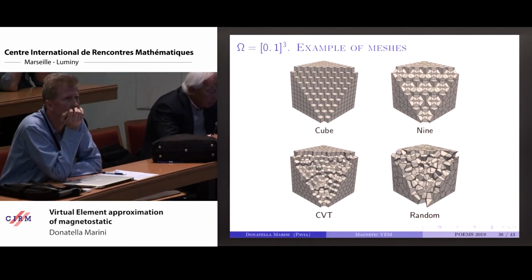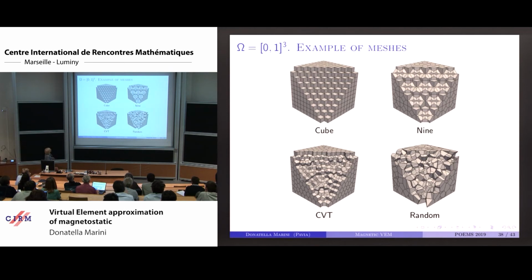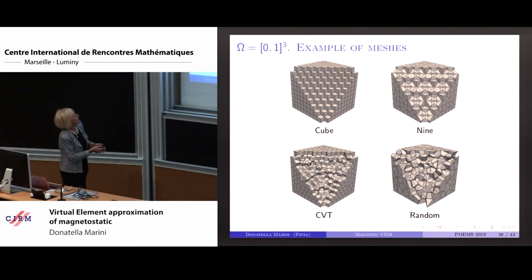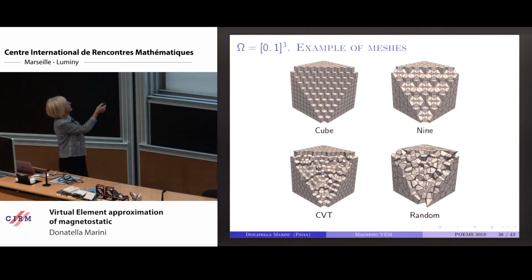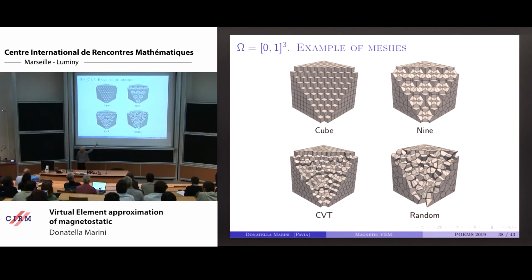Very quickly, a numerical test. Here we are on a cube, and we have four types of meshes of the cube, more and more distorted, up to the random one.